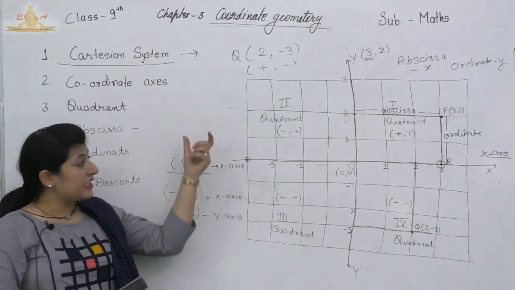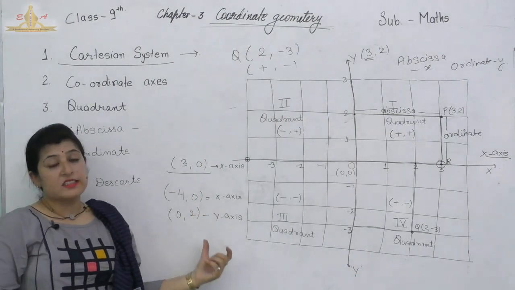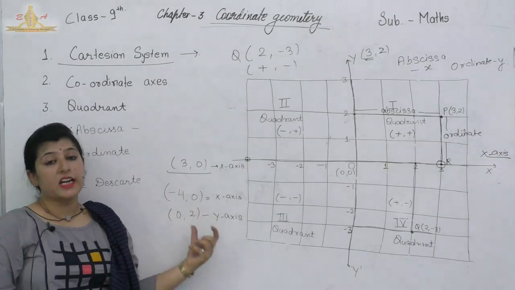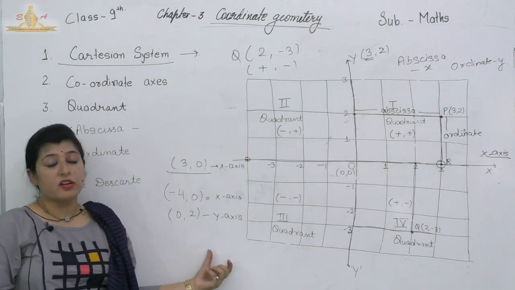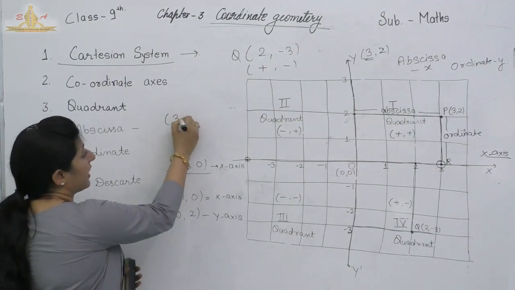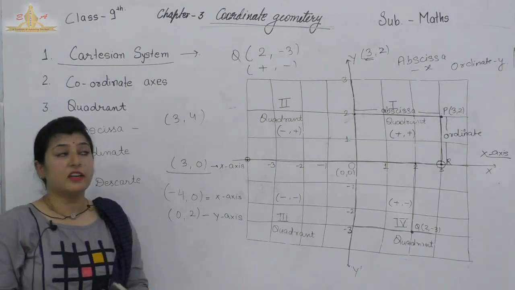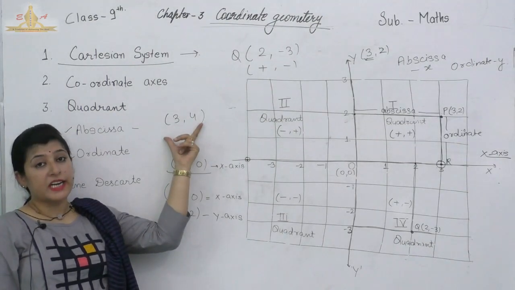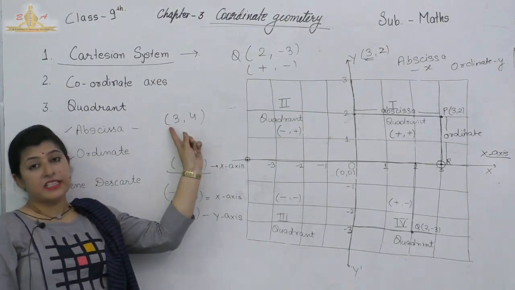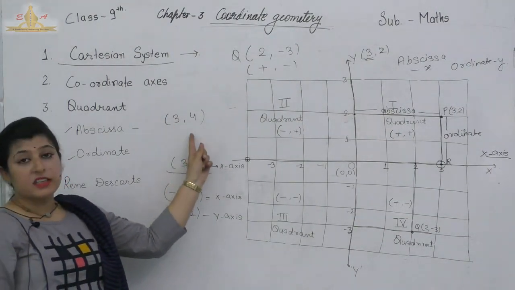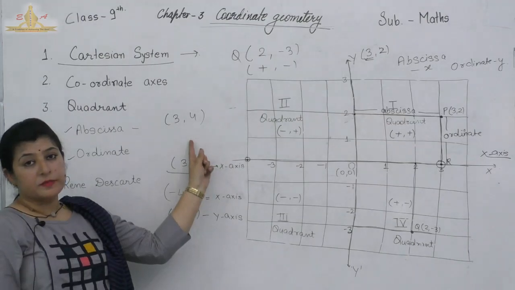Whenever asked in which quadrant or axis this point lies, we give the answer that this point lies on the axis, not in the quadrant. Whenever both values are nonzero, we say this point lies in a quadrant, and which quadrant we can decide by sign. Both are plus, that's why it lies in the first quadrant.